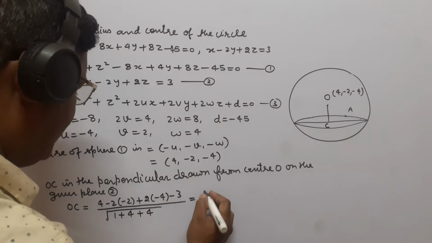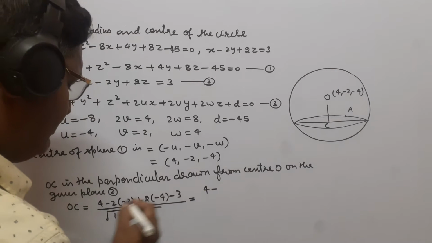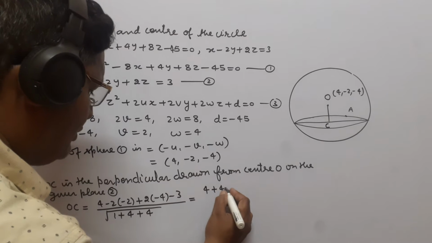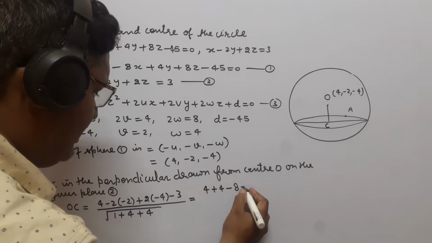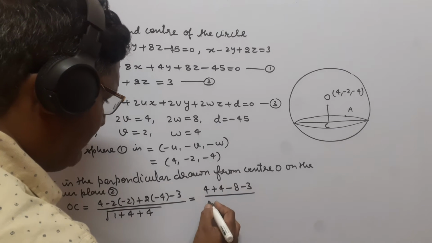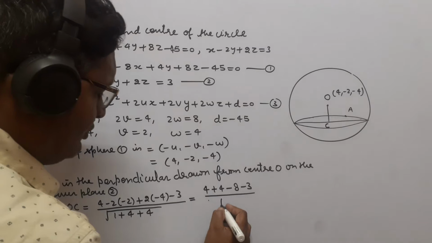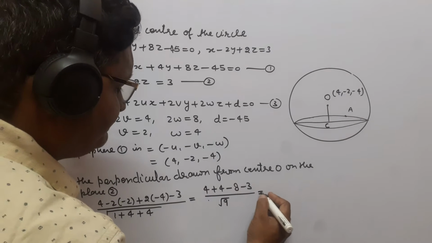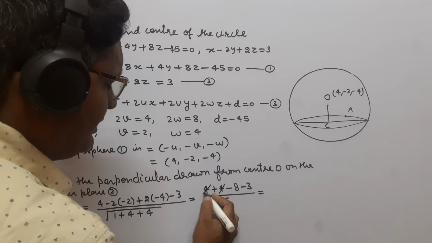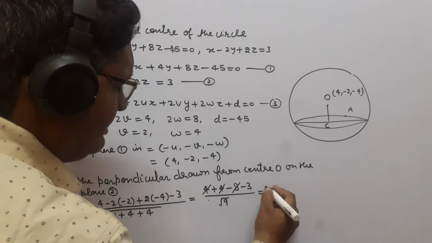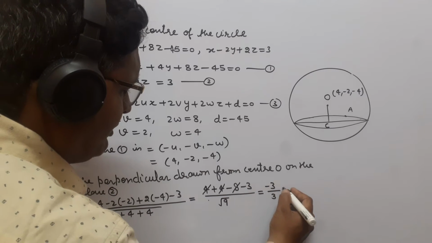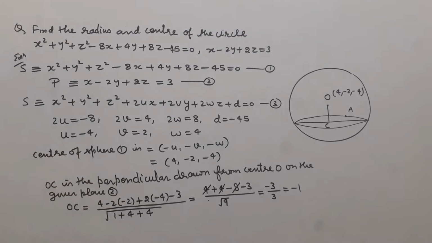So this can be written as 4 plus 4 minus 8 minus 3 divided by under root 4 plus 4 plus 1. This is 4 plus 4, 8, plus 1, 9. So square root of 9 is 3. So this 4 plus 4, 8 minus 8, this is cancelled. So this is minus 3 upon 3. So this is minus 1.